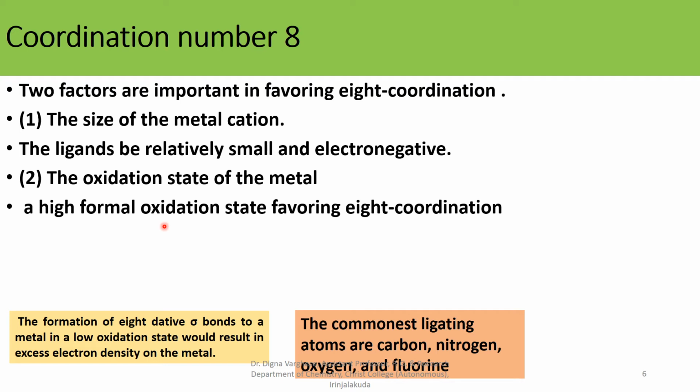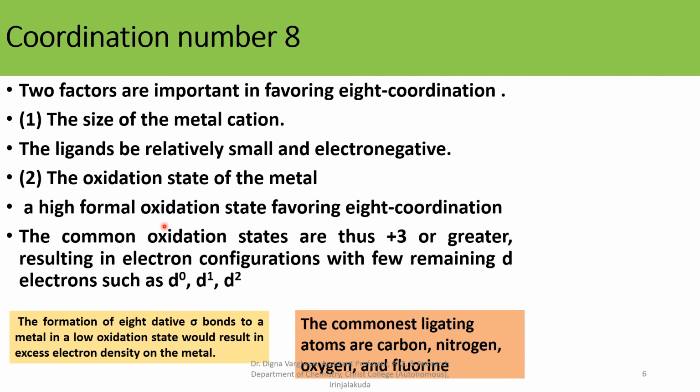Okay, so these two factors: the first is the size of the metal cation, and the second is the formal oxidation state. The common oxidation states are thus +3 or greater, resulting in electron configurations with few remaining d electrons, such as d0, d1, d2.